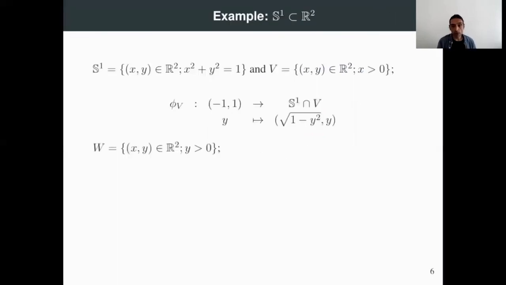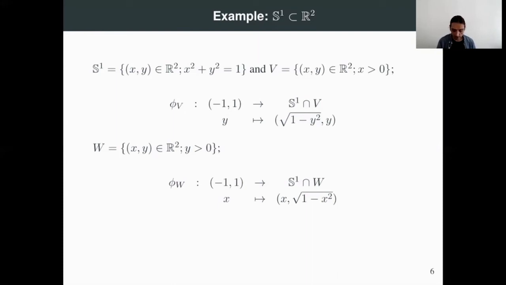We can consider other local charts, other parametrizations, because not all the points of the circle have positive x-coordinate. We consider, for instance, this one, w. We are going to parameterize the points of the circle whose second coordinate is positive, and by a similar idea, we can parameterize them by the first coordinate.